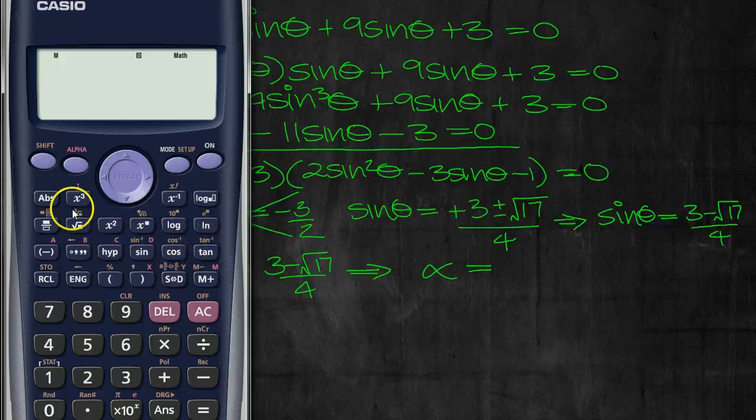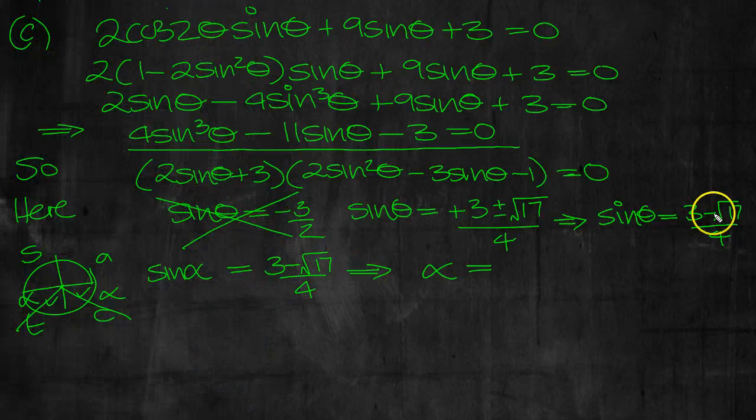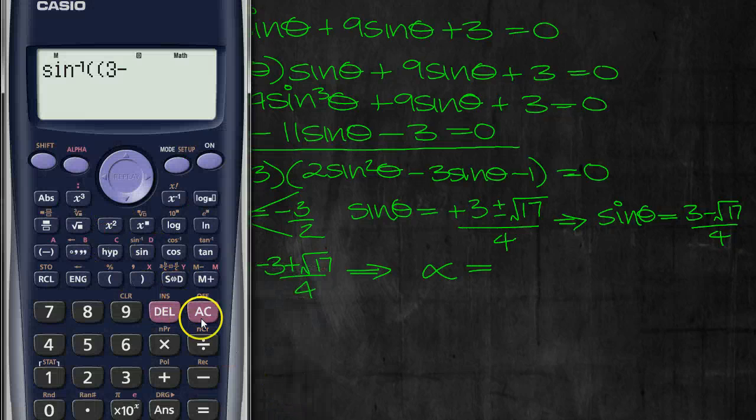Okay, shift sine of this in degrees mode. Top is 3 minus, let me just move that out of the way. Sine alpha equals, we drop the negative if there is one to drop. And there is one to drop, so run a minus through it. It's root 17 minus 3, isn't it?